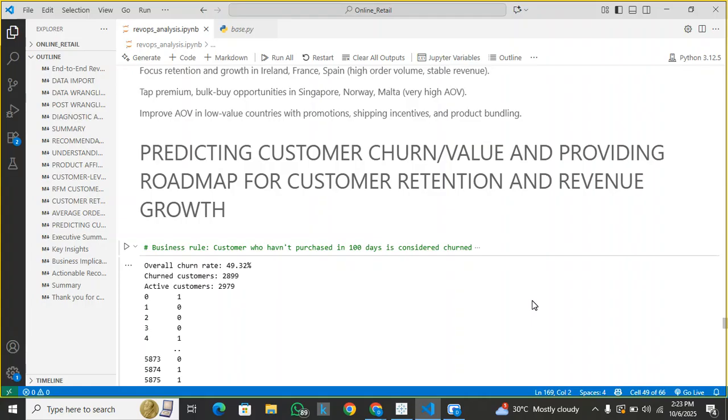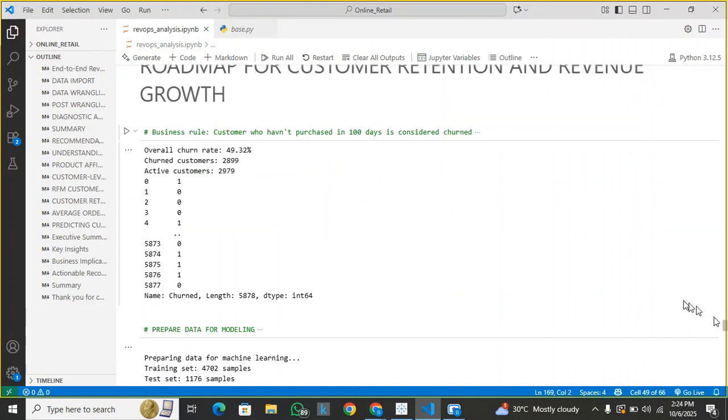So this last segment is predicting customer churn and value and providing a roadmap for customer retention and revenue growth. I carried out a predictive analysis to see which customers are most likely to be churned, where churn means lost, and who are the active customers.